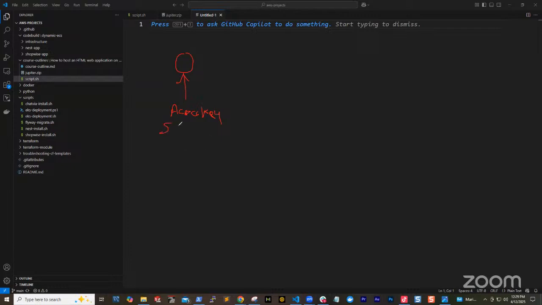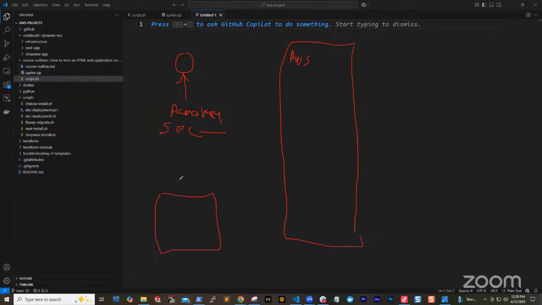And this is your computer, right? And this is your AWS environment. So this user has an access key and secret access key.